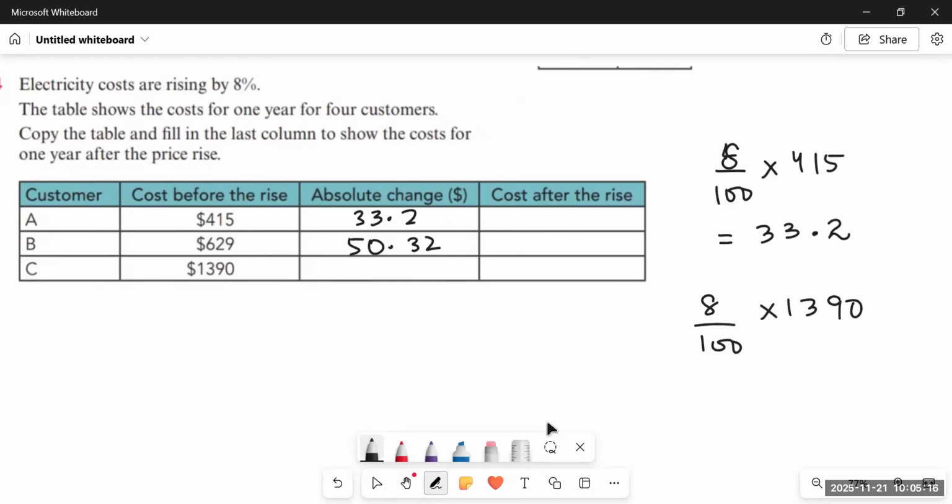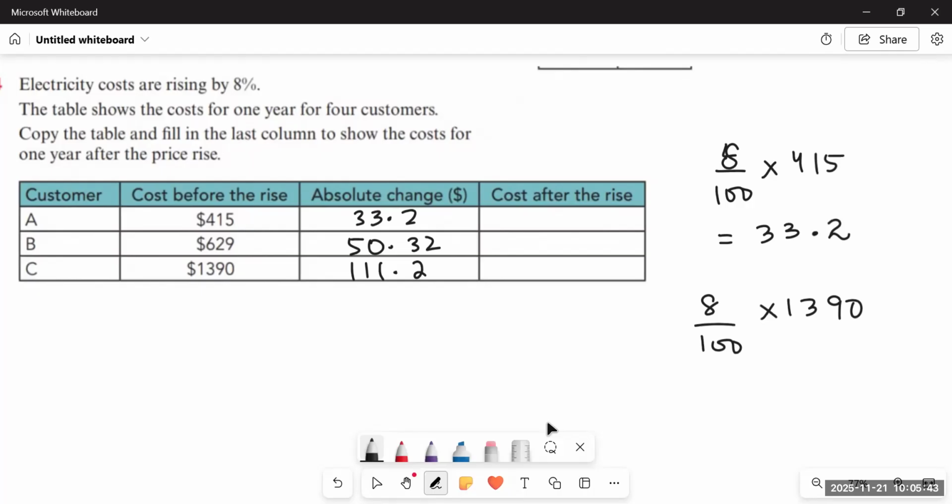Whenever you are provided with the percentages along with the total, you simply have to do this step. So next we will multiply 1390 by 8 and we will get the answer as $111.2. So for the third customer, it will increase by $111.2.